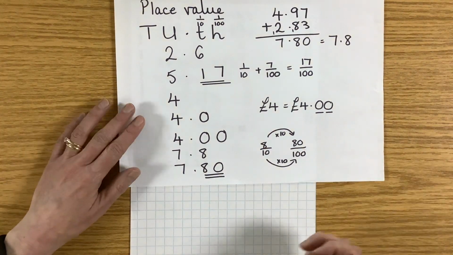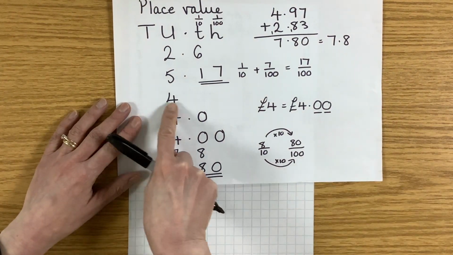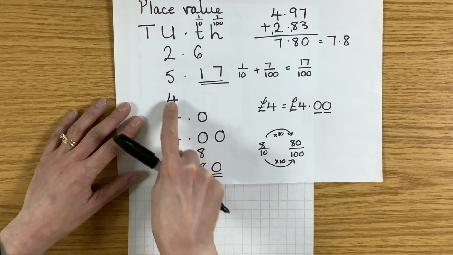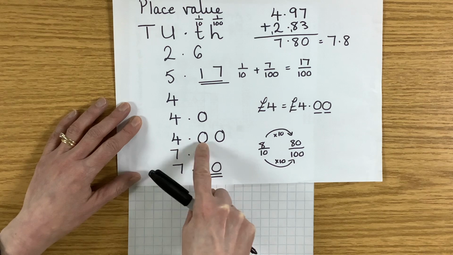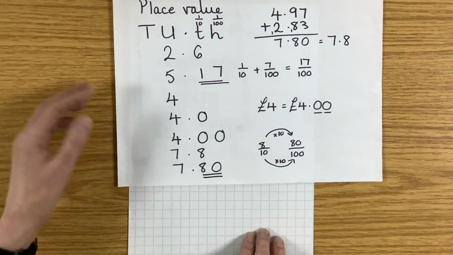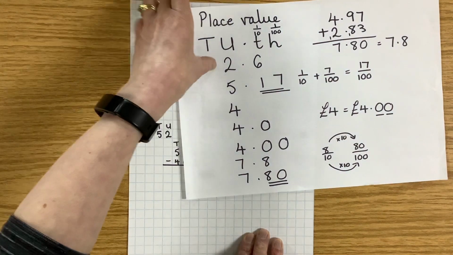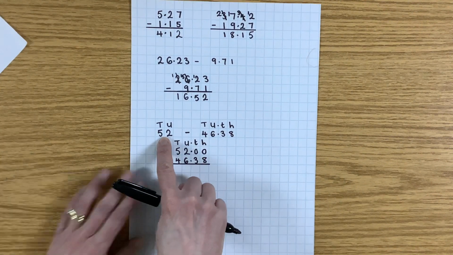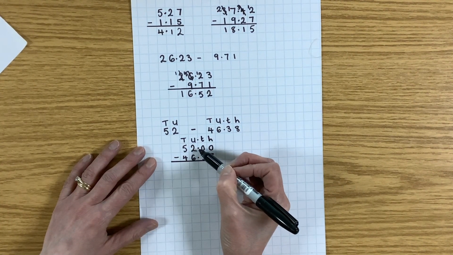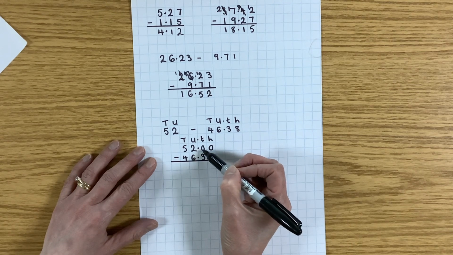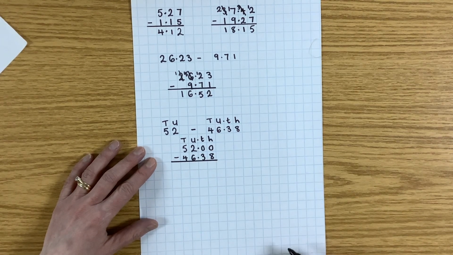Whenever I write down decimal numbers, if there's nothing after the number, I can put in a decimal point and 1 zero or a decimal point and 2 zeros. So in this one, instead of just having 52, I can put a decimal point after that 52, put in 2 zeros, and now I can go and do my question.